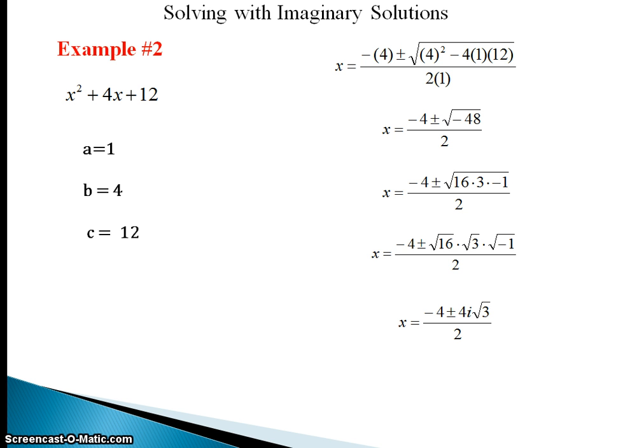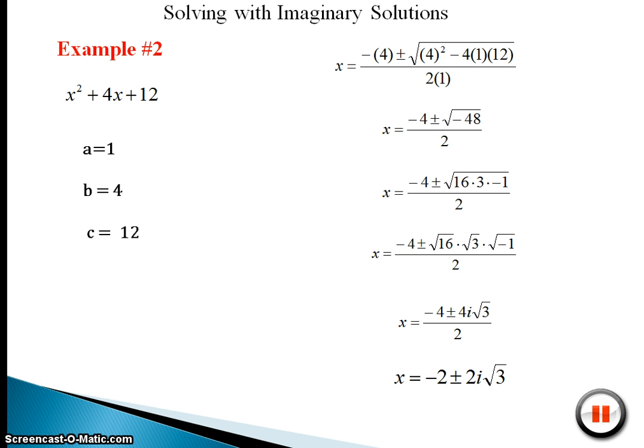And we end up with negative 4 plus or minus 4i times the square root of 3, all divided by 2. And by now, you know I'm going to take that last step of dividing negative 4 by 2 and getting negative 2. And then 4i times the square root of 3 by 2 gives us 2i times the square root of 3.